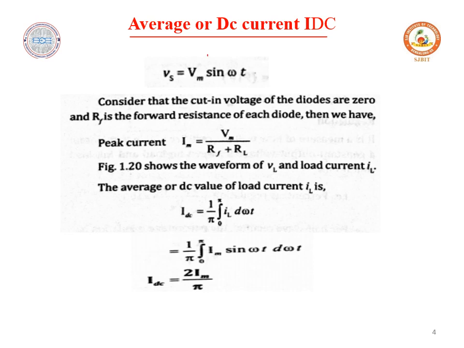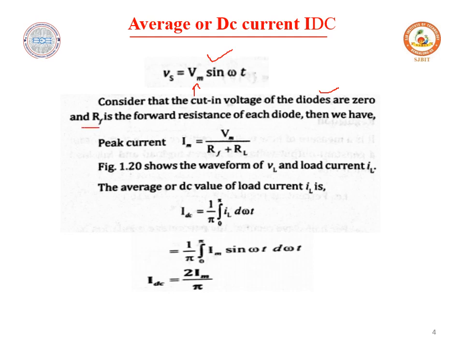Consider the sine wave, so we can represent the supply voltage as Vm sin omega t. Vm indicates the maximum voltage. Consider that the cut-in voltage of the diodes is 0, so we are using ideal diodes, and Rf is the forward resistance of each diode.